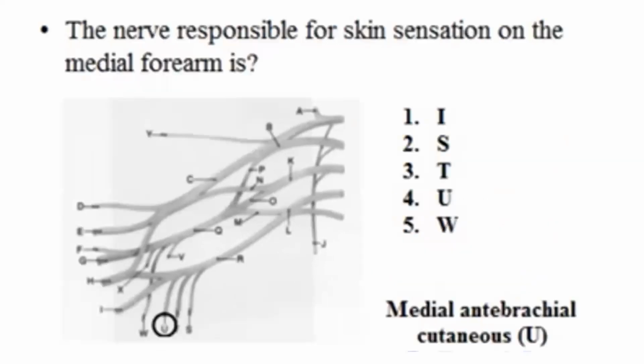You have to know these. Responsible for skin sensation, you have to know about the medial antebrachial nerve, which is an extension of the nerve. One could be of the ulnar, one could be of the median, and the other musculocutaneous.